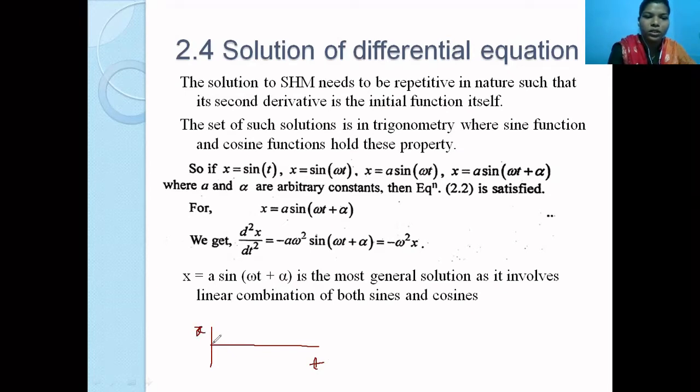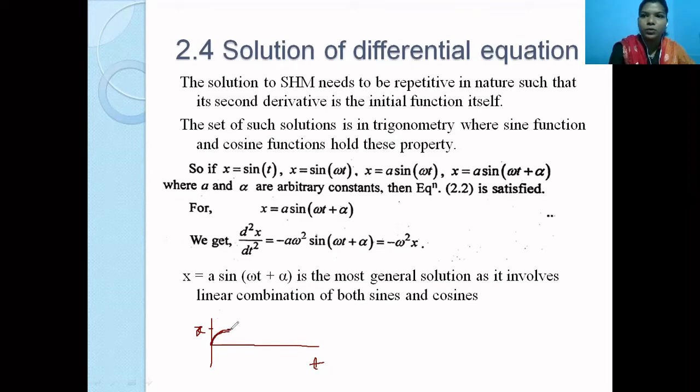So you will see that the particle will move from its mean position. This is its mean position. From its mean position, it will go to the first extreme position. I call it A, but I just cannot write it because of lack of space. Just understand that it will start from the mean position, or the equilibrium, and go to its first extreme position.